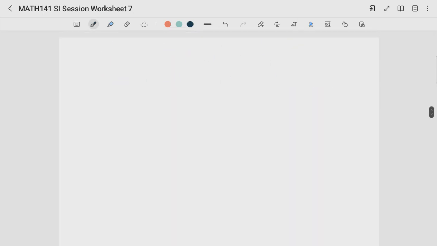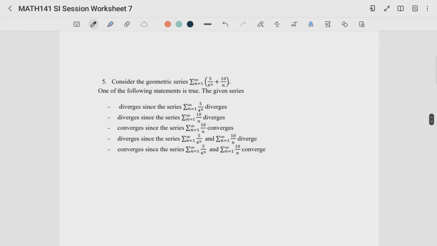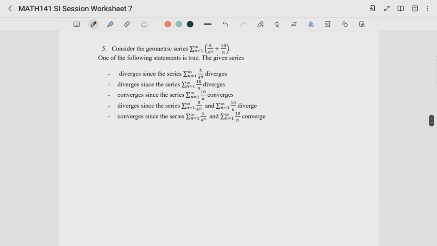Looking at the next one, we're given a geometric series, right? It really is the sum of two series.